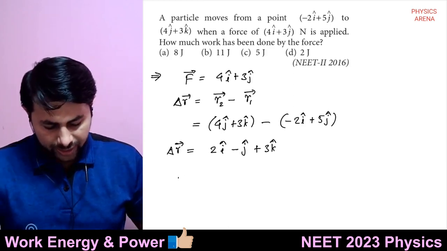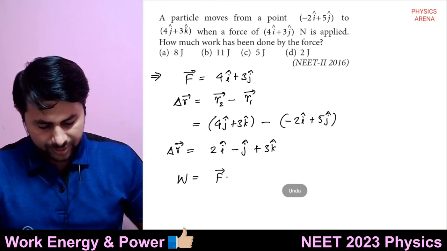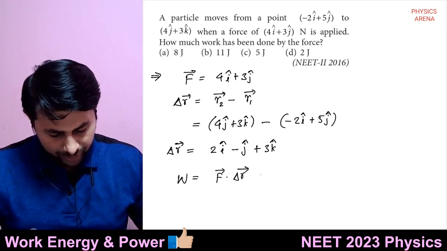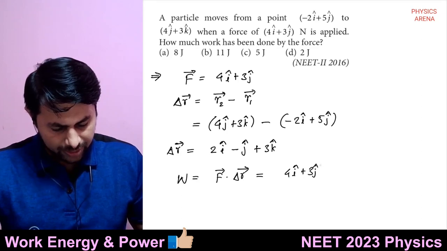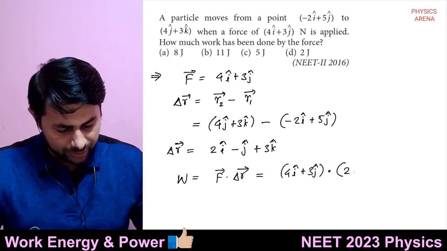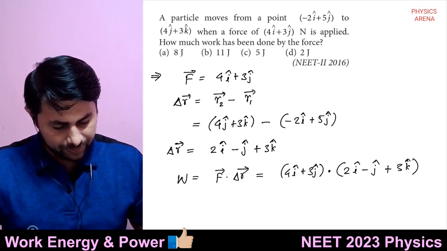So what is work done? It is the dot product of force and the displacement, which I am representing by delta r bar. So it is 4 i cap plus 3 j cap, with no z component, dot 2 i cap minus j cap plus 3k cap.